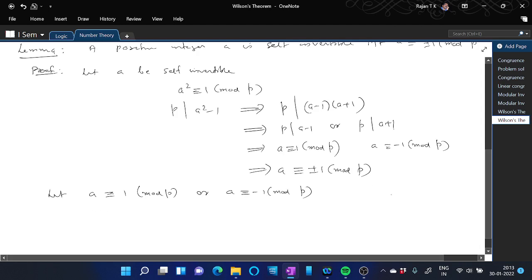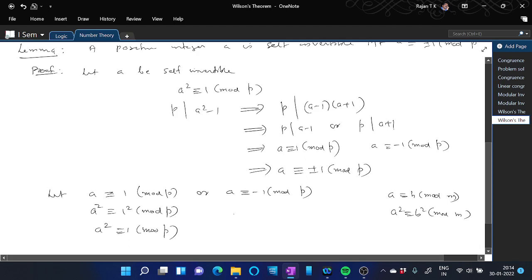We have one result that if a is congruent to b mod m, then a square is congruent to b square mod m. Using that result here, we can write a square is congruent to 1 square mod p. That is, a square congruent to 1 mod p. It shows a is self-invertible.